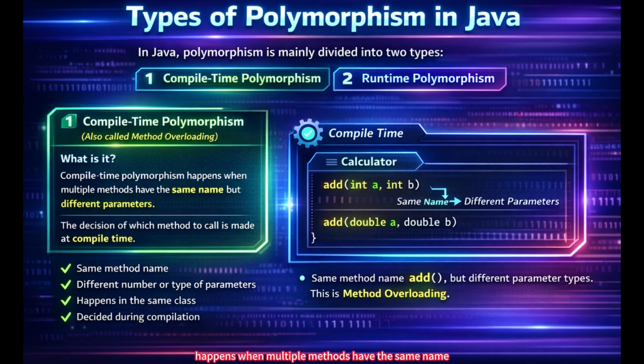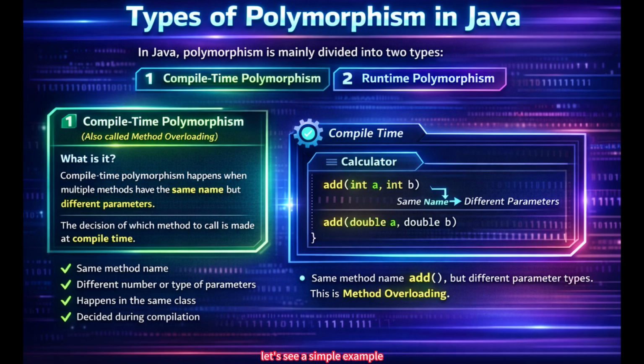Compile-time polymorphism happens when multiple methods have the same name but different parameters. The decision of which method to call is made at compile time. Key points: same method name, different number or type of parameters, happens in the same class, decided during compilation.